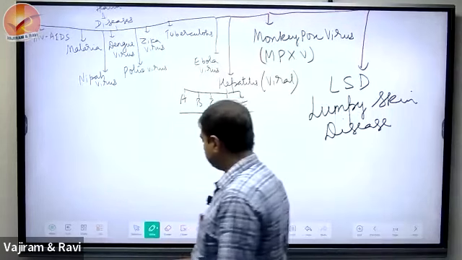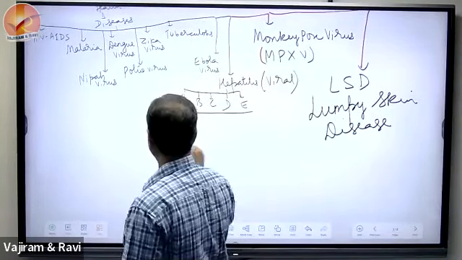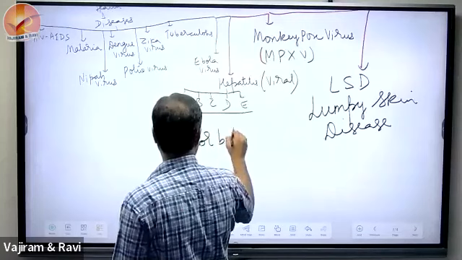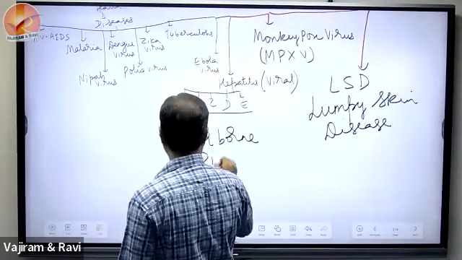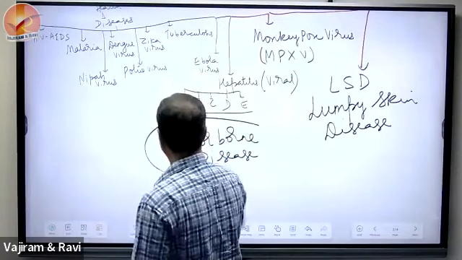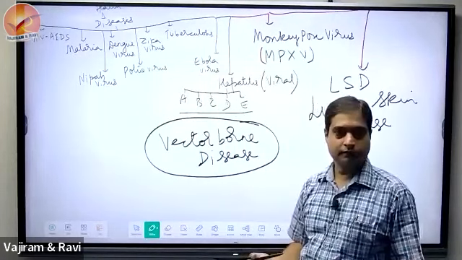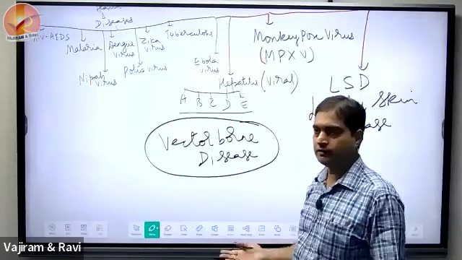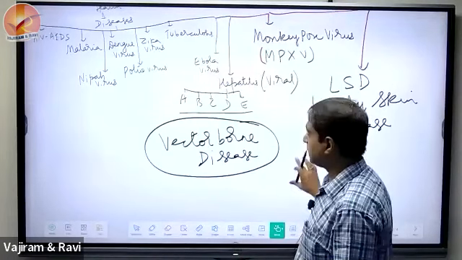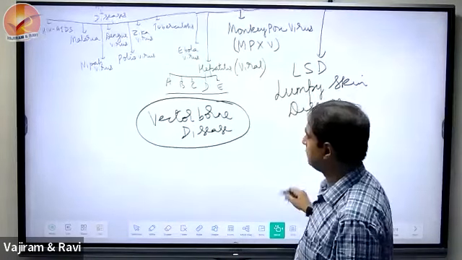Now there is a term related to disease, vector-borne disease. Vector-borne disease means there is a carrier to transmit the infection.